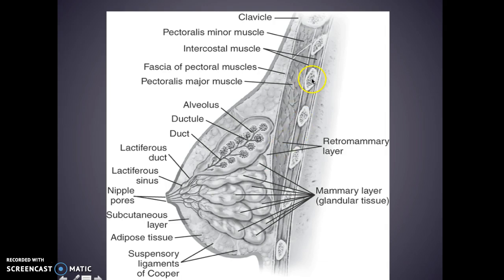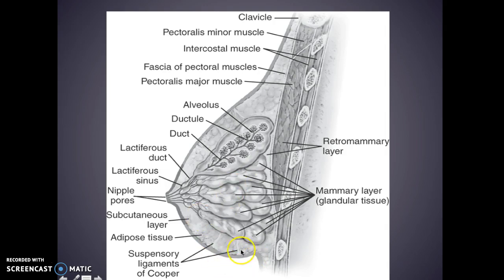So here's a diagram of the breast. If we start up top, you have your clavicle, your pectoralis minor, and you have your intercostal muscles in between each rib. You need to know your pectoralis major, your retromammillary layer, your mammillary layer, which is your glandular tissue.